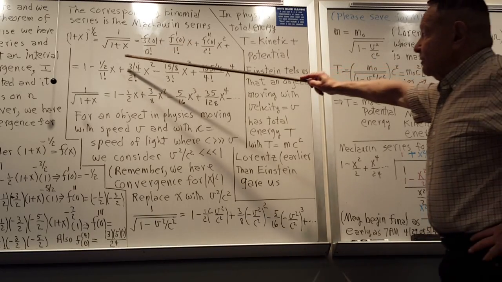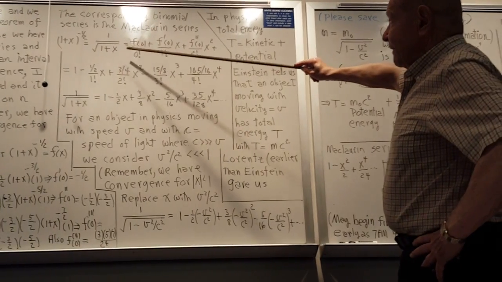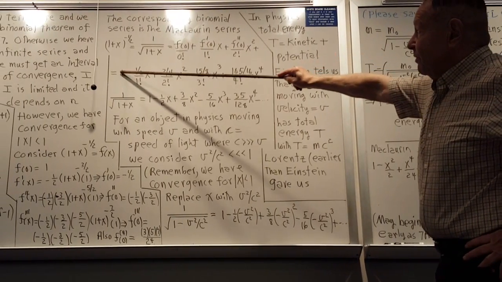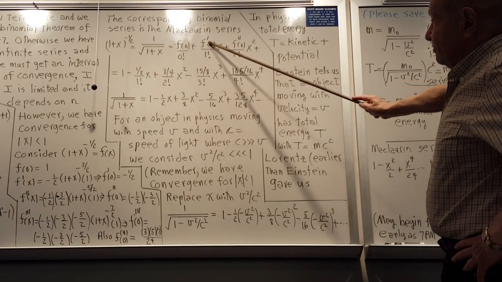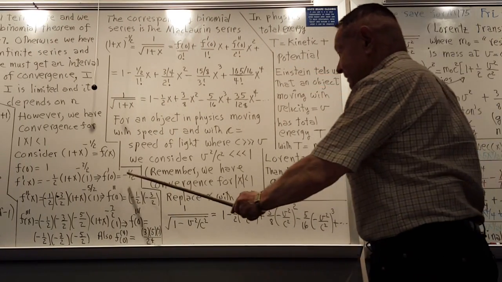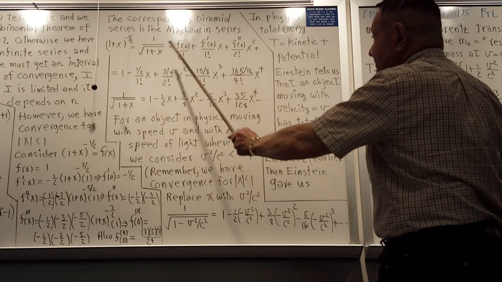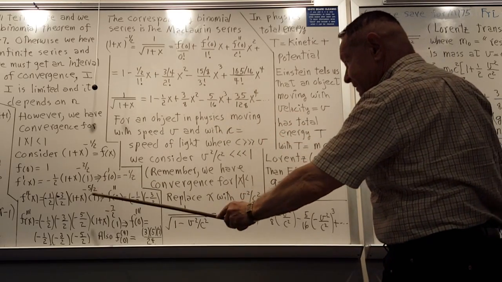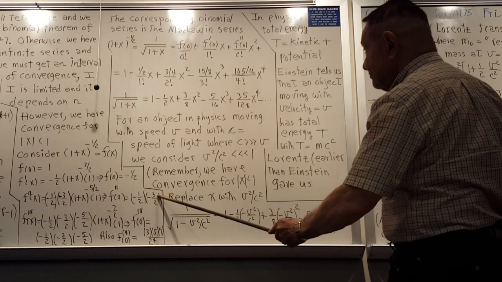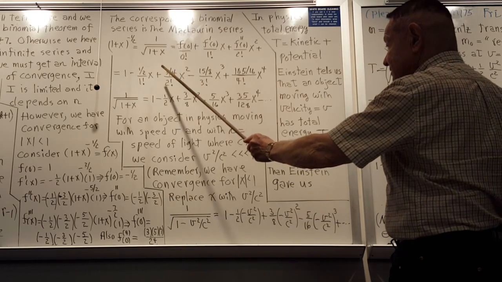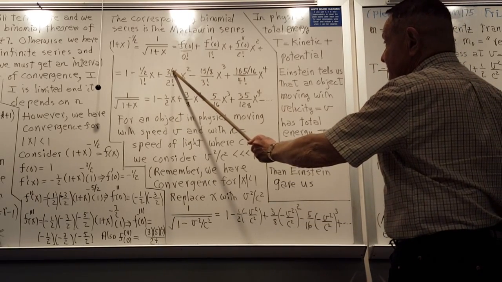So when you put this together, your f of 0 is 1, your f prime then is minus a half, your f double prime is minus a half times minus 3 halves, which is 3/4.